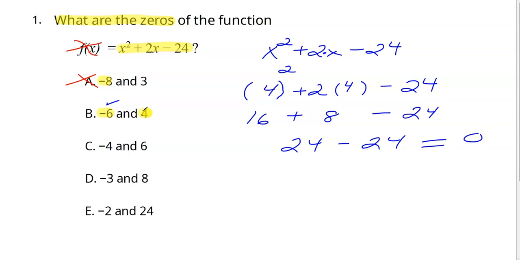So when I plugged in 4, I got an output of 0 as well. So -6 and 4 are the zeros of this function. I can circle B, and I can move on to the next question.